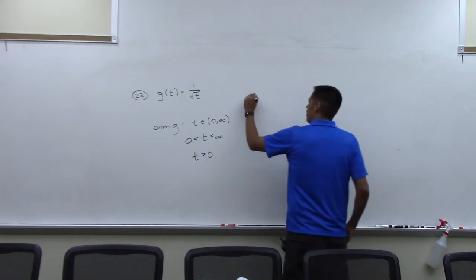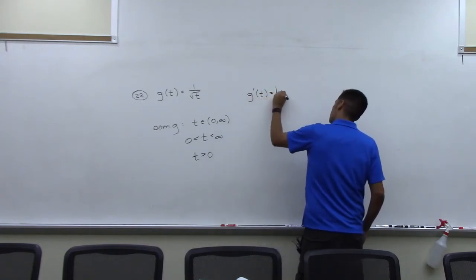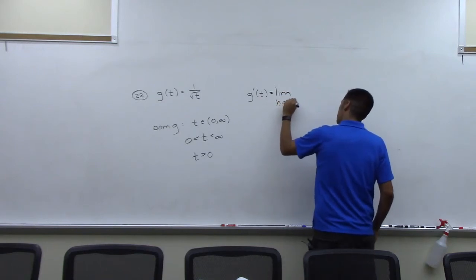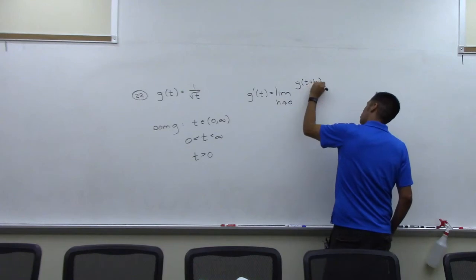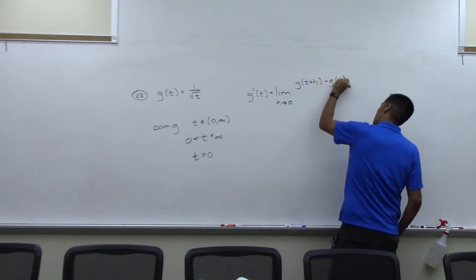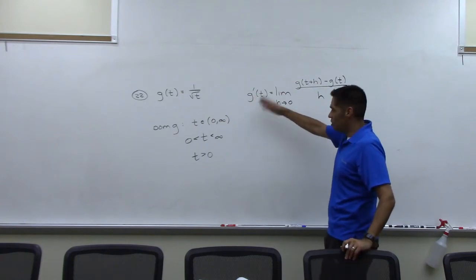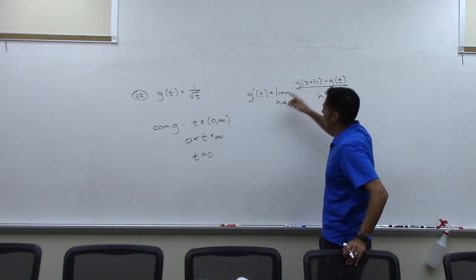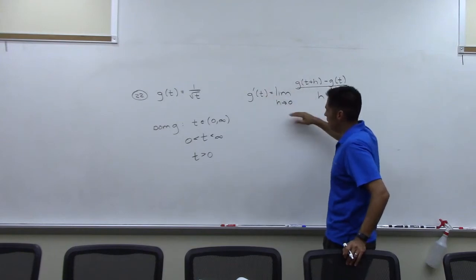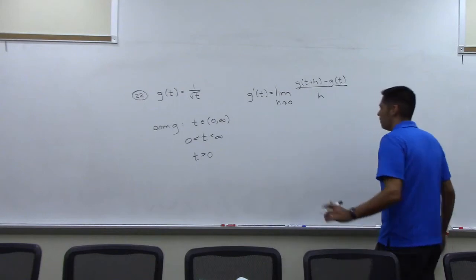Now, let's get the derivative. G prime of t equals limit h goes to 0 of g of t plus h minus g of t all over h. So notice, instead of f prime of x, we have g prime of t. So the f's being replaced with g's, and the x's are being replaced with t's, and so we get that formula.